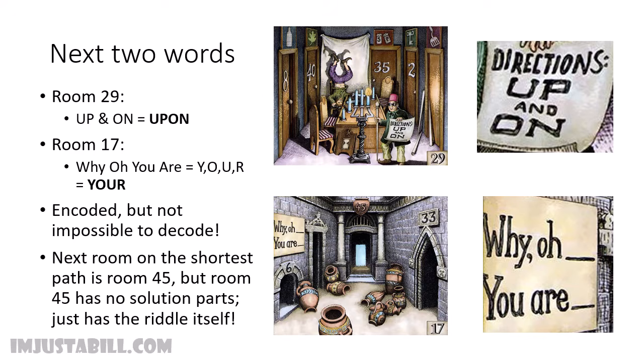Now, from this point on, the very next step is to go to room 45 if you're going on the shortest path. You finally reach the center of the maze. Well, room 45 itself does not have any of the answers to the riddle, so far as I can tell. The riddle itself is in 45. So finding the answer along the shortest path, no part of that is actually included in 45.